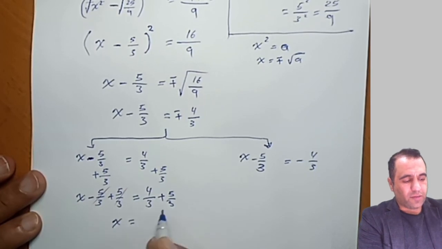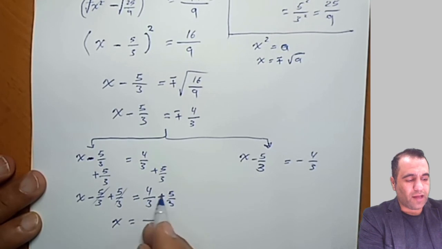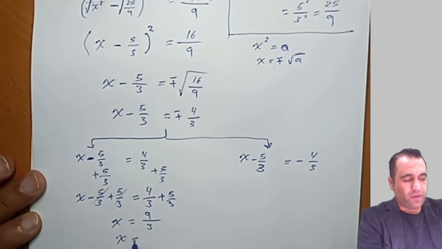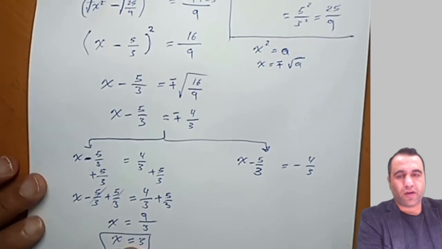Only x remains, and here we have the same denominator. We write one denominator and add the numerators, so 4 plus 5 is 9. So 9 over 3 is what? It is 3. So one answer is 3.